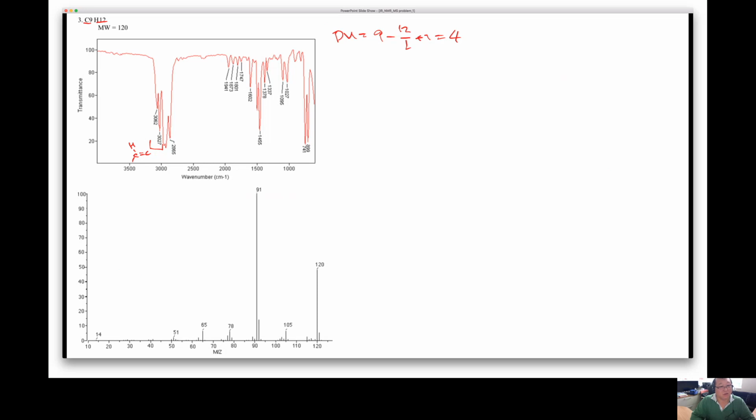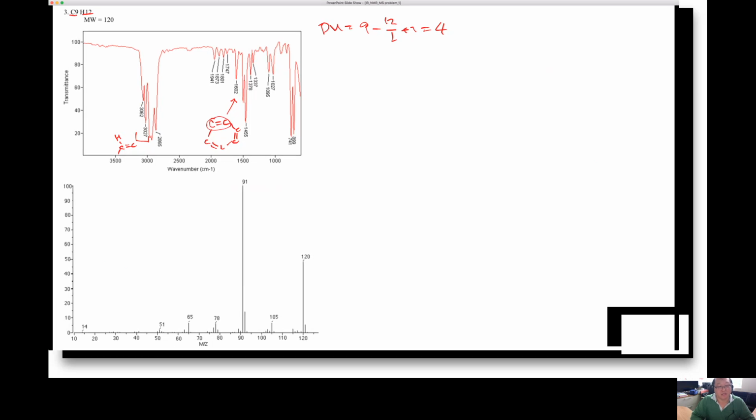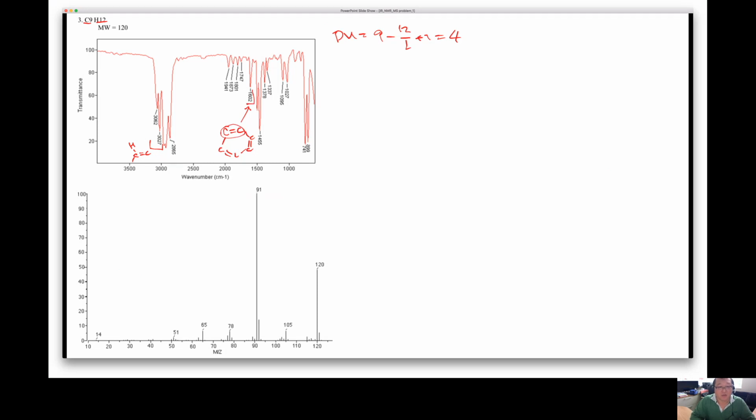One of the signals supporting this is the carbon-carbon double bond, normally 1660, but when it's part of a benzene system, because of the resonance structures, this carbon-carbon double bond stretching signal becomes 1600.